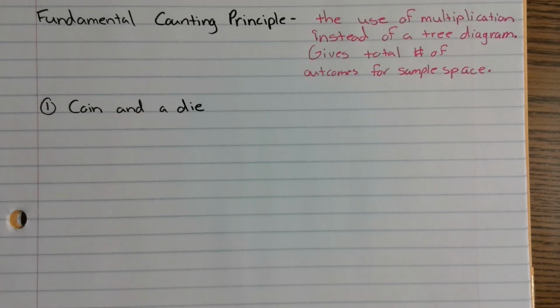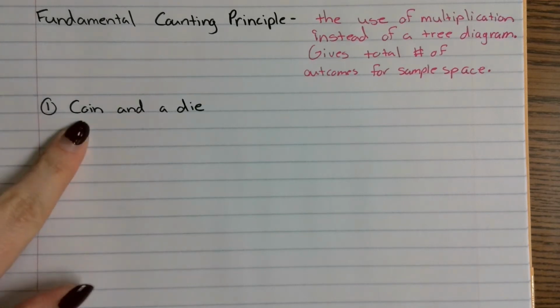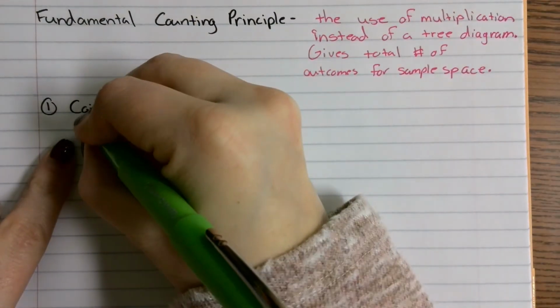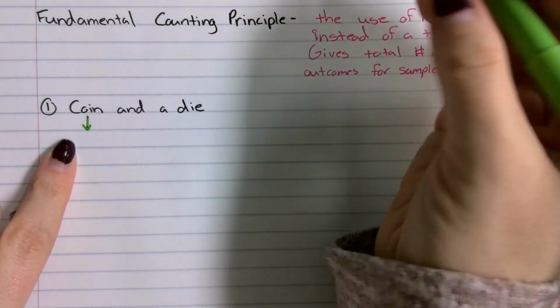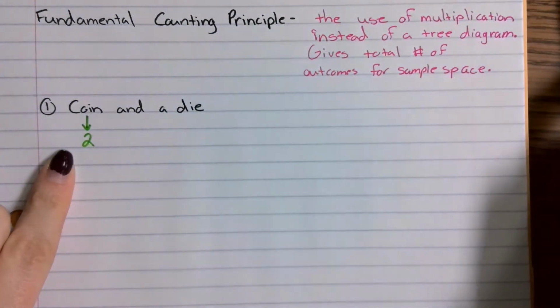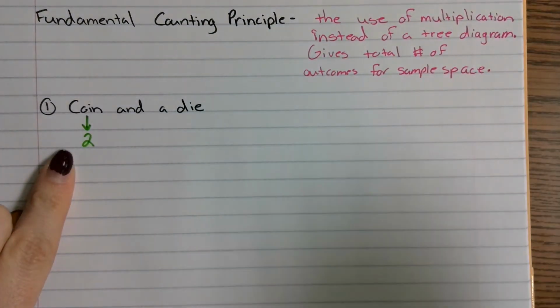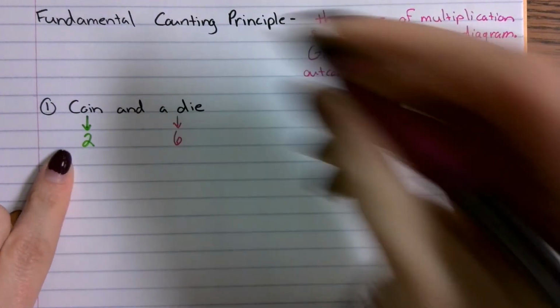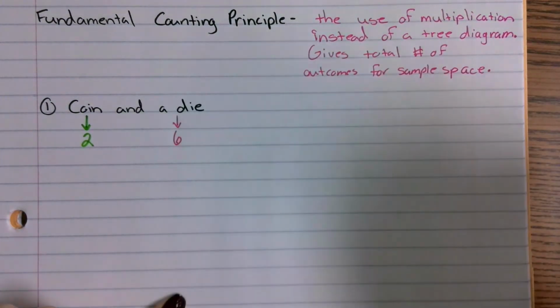No. But do I know how many outcomes a coin has? How many outcomes? Outcomes is 2. And what about for the die? How many outcomes? 6. So again, fundamental counting principle says I'm going to do what?